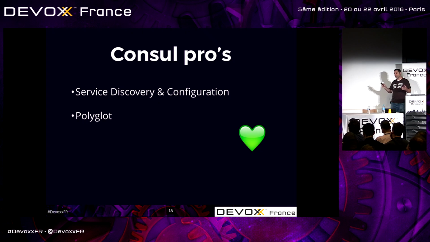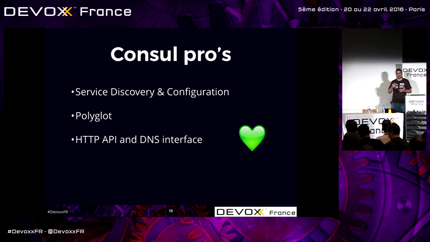It doesn't matter what language you're using, because you can get all the information out of Consul via an HTTP API or DNS, right? Some legacy applications, you can only configure them with a host name or something like that. Consul also runs a DNS server. So if you have legacy apps that need to connect via DNS, it's pretty slick.